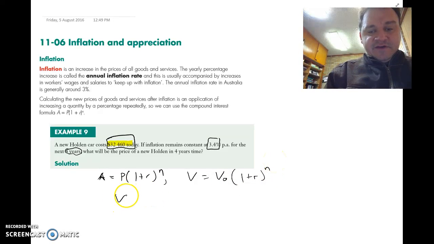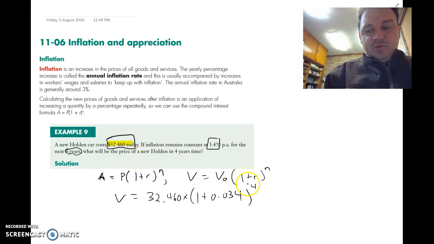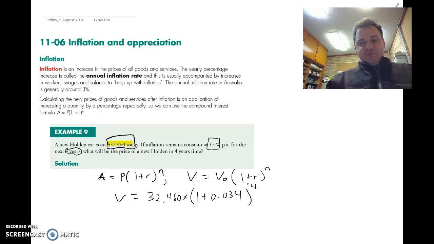So the value of this vehicle after 4 years should be 32,460 times 1 plus 0.034, right? And then it's 4 years, so it would be to the power of 4. So that's what I would enter in one of our calculators.